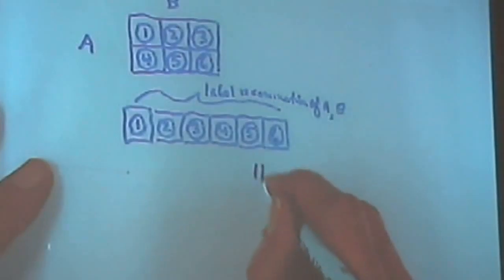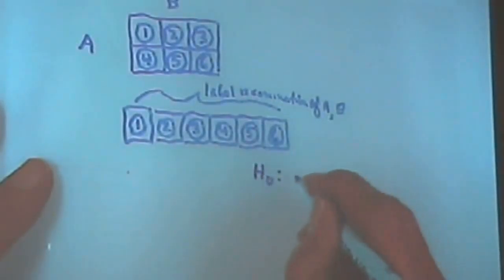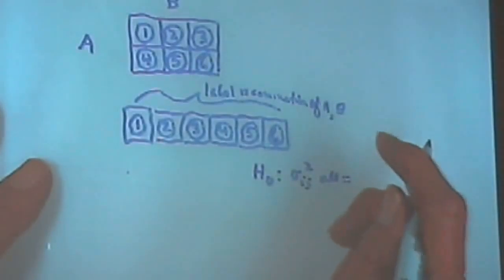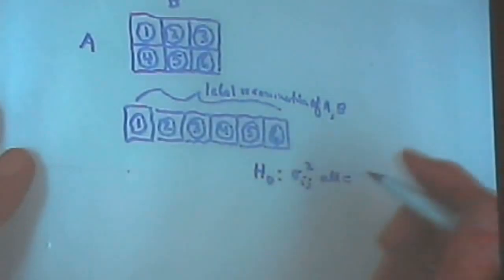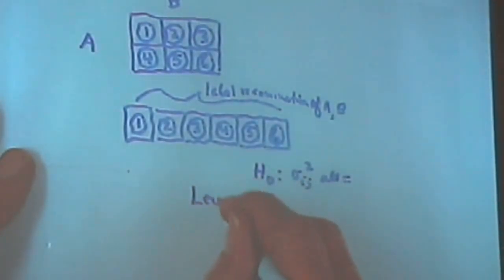Officially, the hypothesis is sigma_ij squared all equal. So I'm going to do the Levene test in the usual way.